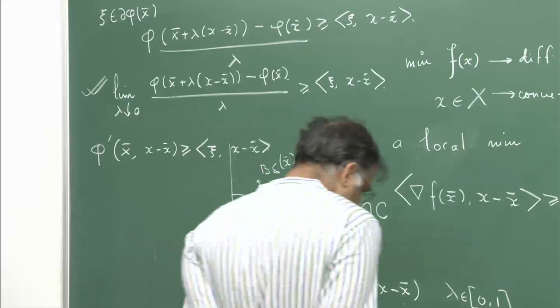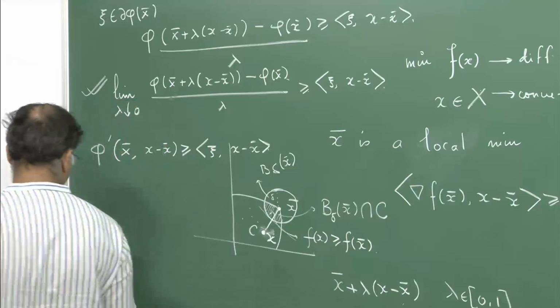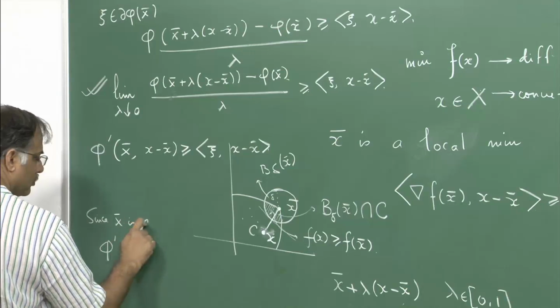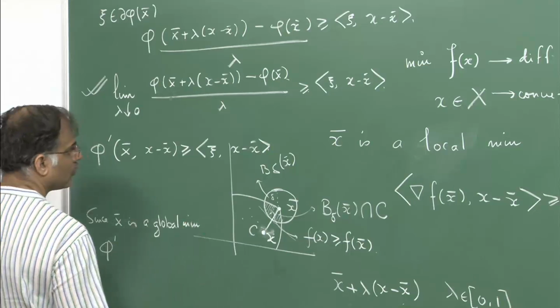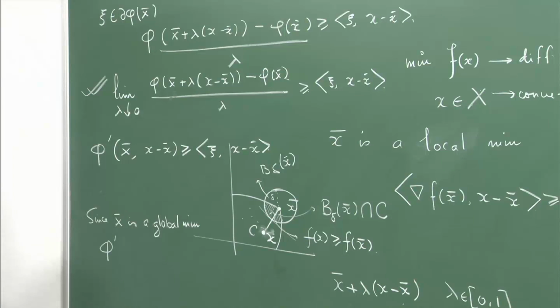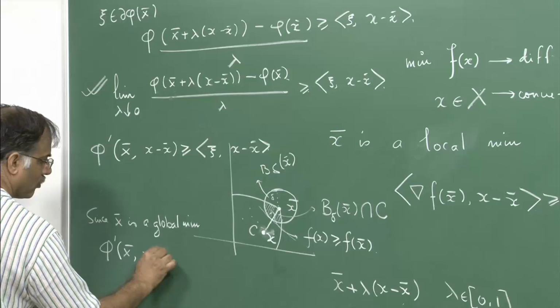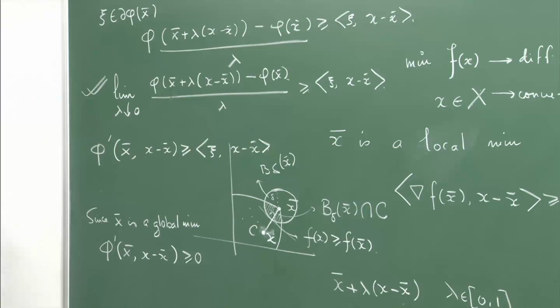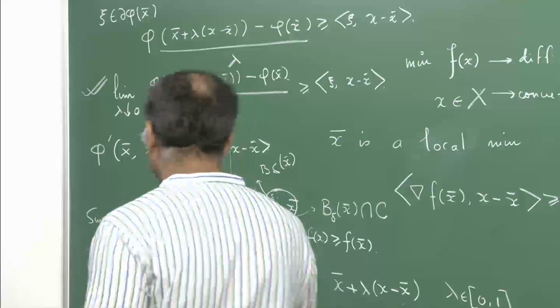Now, because x bar is a global minimum, one thing is for sure: phi dash at x bar in the direction x minus x bar is greater than or equal to 0. Of course, this is true for all x.